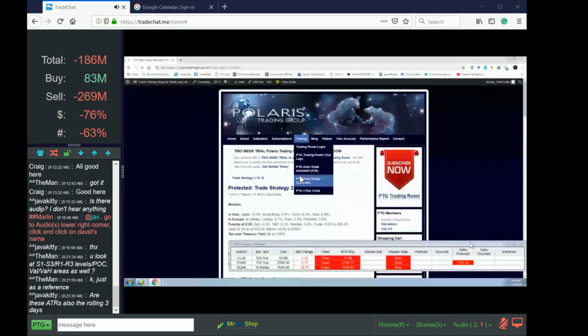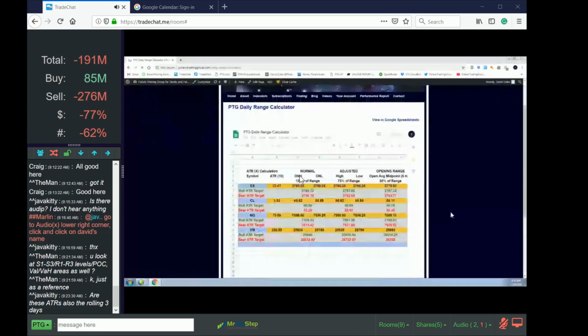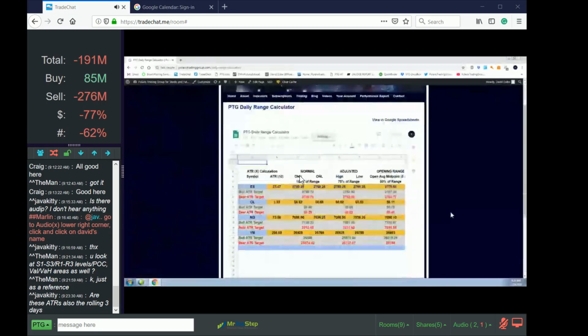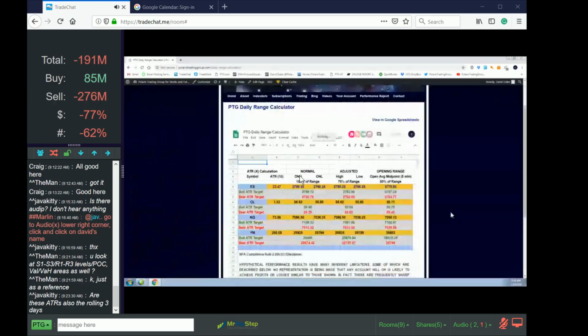I have a Google spreadsheet that calculates every 5 minutes. It updates the 10-day average true range with targets: 100%, 75%, etc. So again, the website, trading tab, and then daily range calculator.